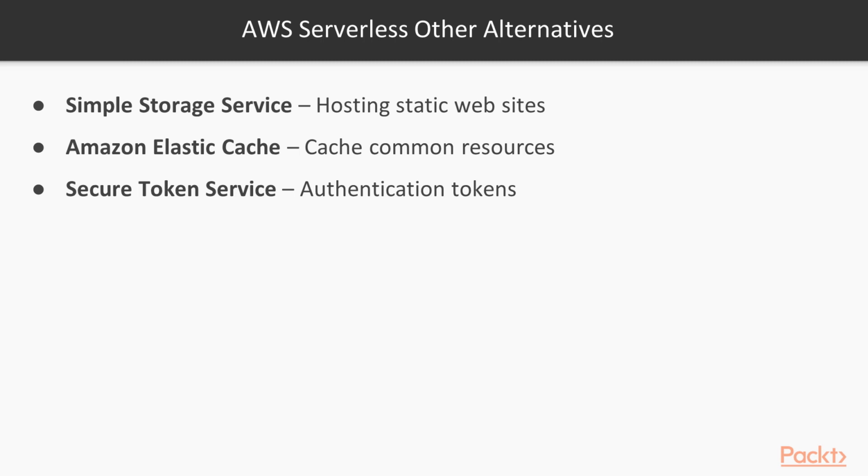This is good if you're hosting static websites. You can use Amazon ElastiCache. This can be used to cache your common resources. If there are web pages or web content which are being requested by users on a common basis, you can use ElastiCache to cache those resources and then deliver them to the users. You can then use Secure Token Service for authentication tokens.